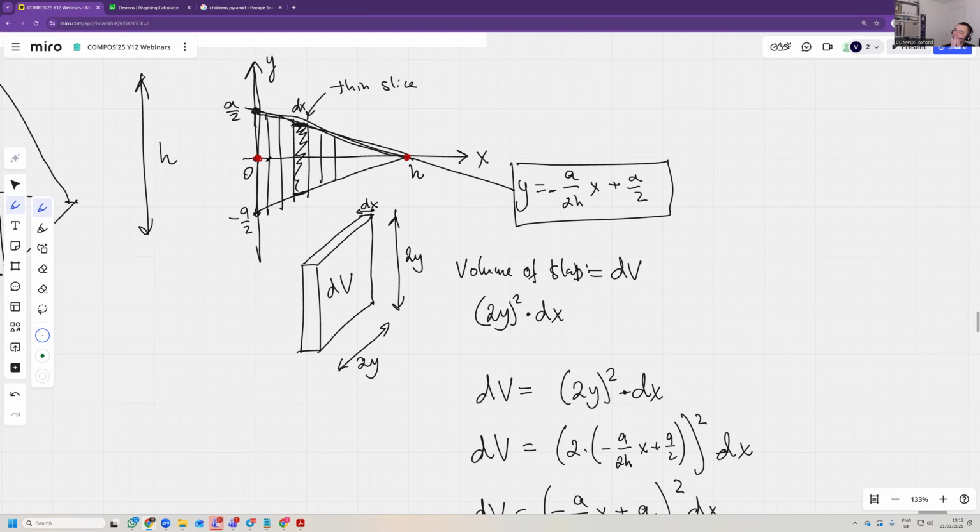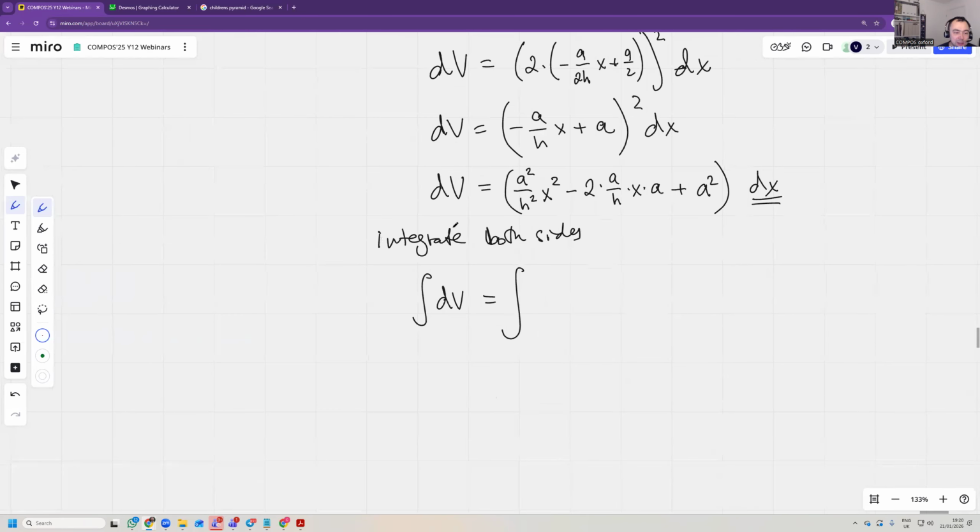And now bear with me. When x is 0, the total volume of the pyramid up to that point is also 0. And by the time we get to h, the whole volume of the pyramid is V, which is the final volume. That's why the limits for dV are from 0 to V, and this is from 0 to h.